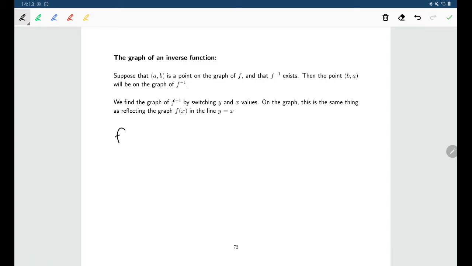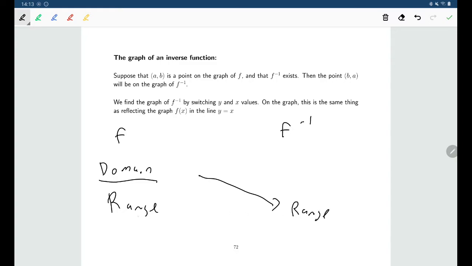So, for example, for f, you can find whatever its domain and whatever its range is. And for f inverse, remember, domain, those are x values. The domain of f, that would be the range of f inverse. The range for f, those are the y values. Those would be the x values for f inverse. The range for f would be the domain for f inverse.